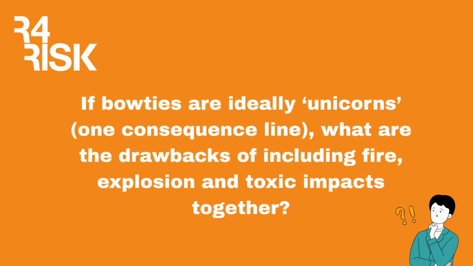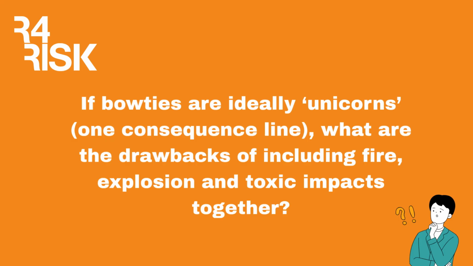The only downside, I would say, is if they have vastly different consequence impacts. So if you're going to say, oh, well, my fire is going to wipe out 20 people in this area, but it's only mildly toxic, so it might only affect 1 or 2 people, that can skew things.